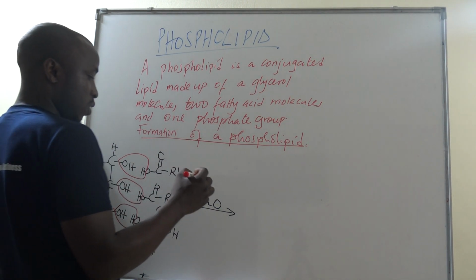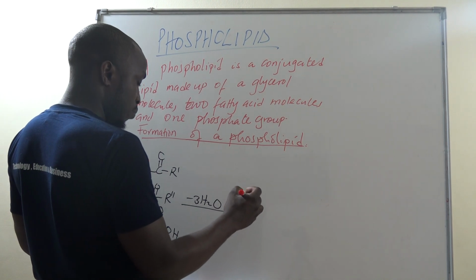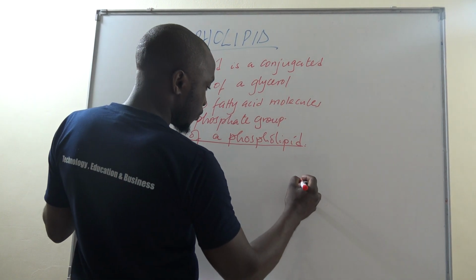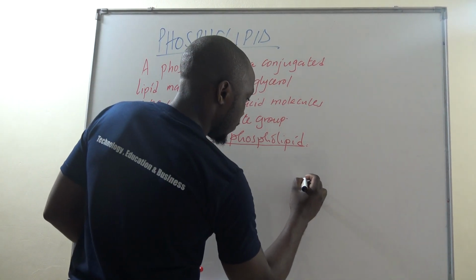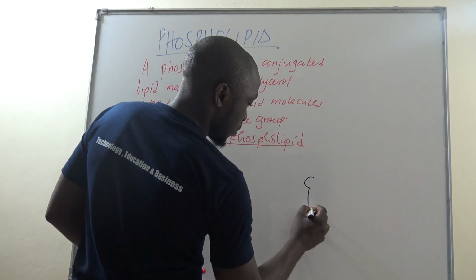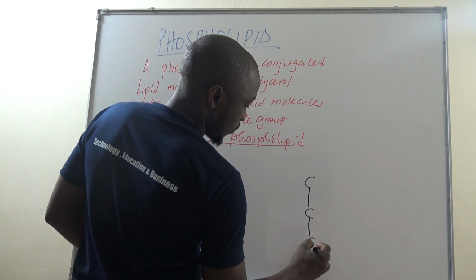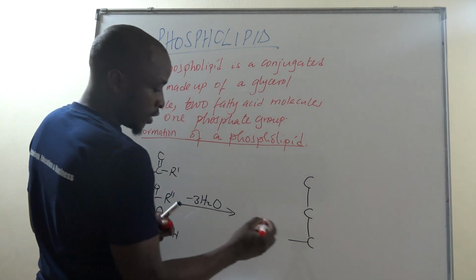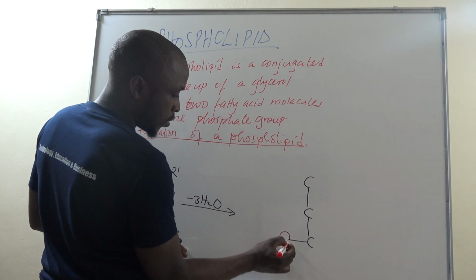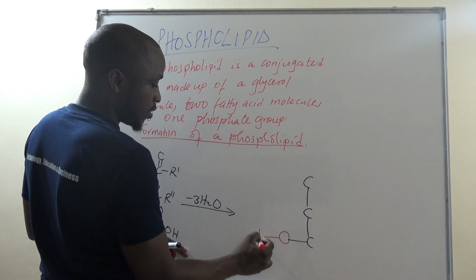So we shall come up with a structure in this format. I want to put the phosphate this way. So the phosphobond is there.